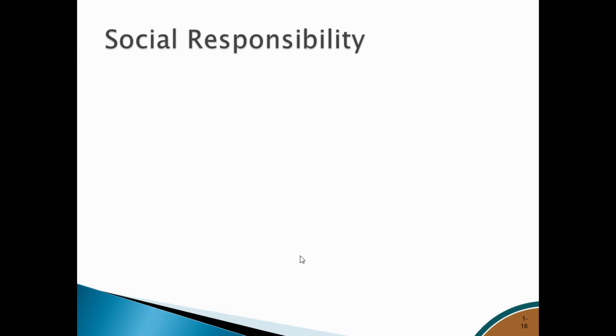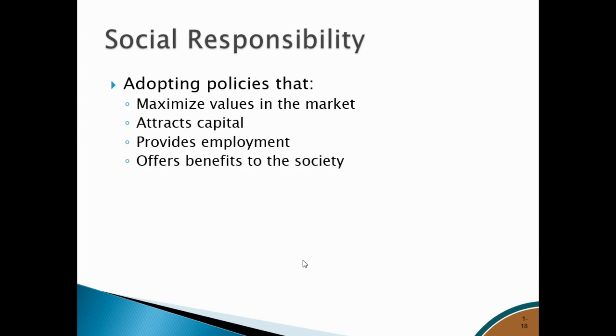Let's look at social responsibility. Let's look at some of the social responsibilities for a corporation. The first one: maximize the value in the market. One of the roles is to strengthen the local economy. If you started a company in Malaysia, you want to expand the Malaysian economy.